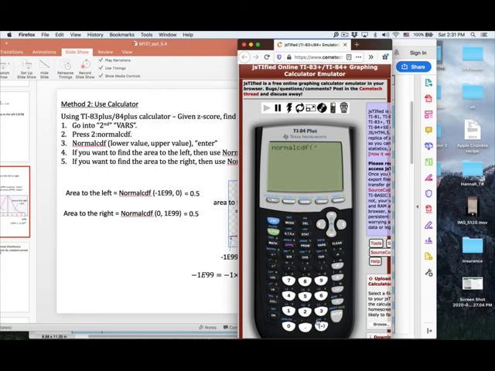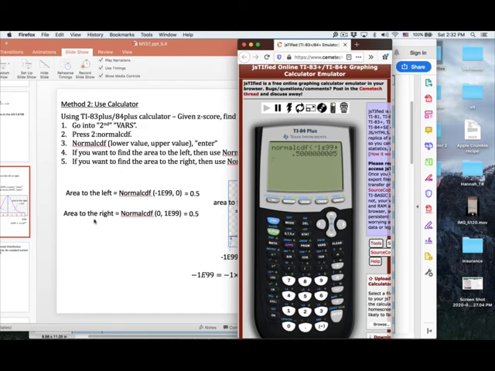Negative 1. For the E, don't use the green color. Use the comma one. Did you see the comma? That's a double E here. We're going to do second, comma. You're going to see the E. And then 99, comma, 0. Close it. Enter. You're going to see that 0.5 in here.